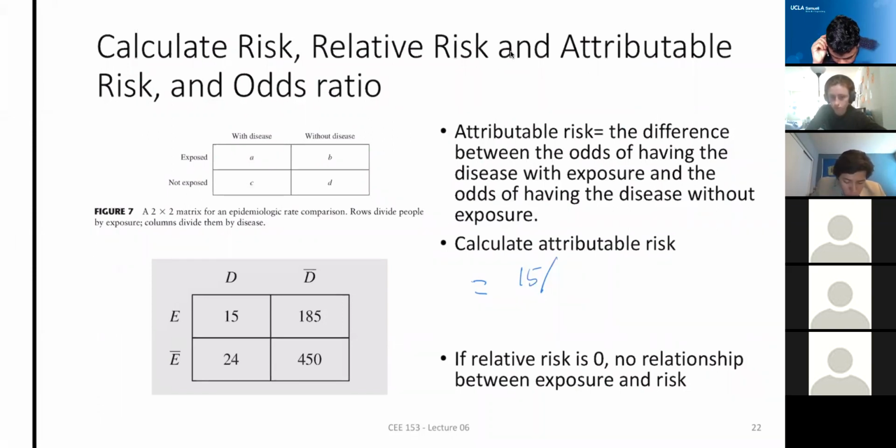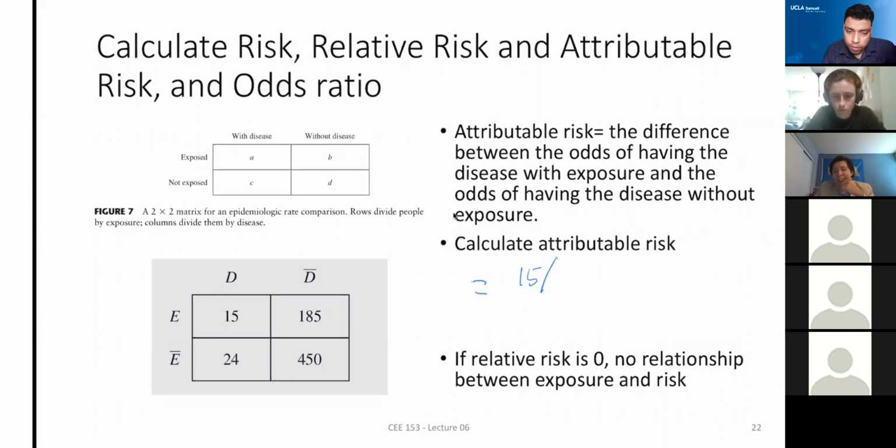Didn't get, the 24 got disease without exposure, and 15 got disease with exposure. Let me check, because I think I forgot the exact math, how they write it up here.